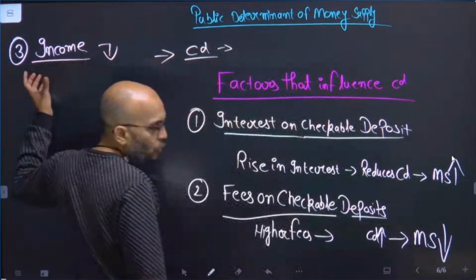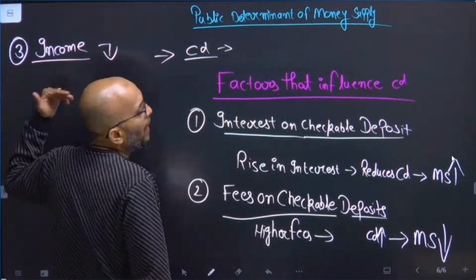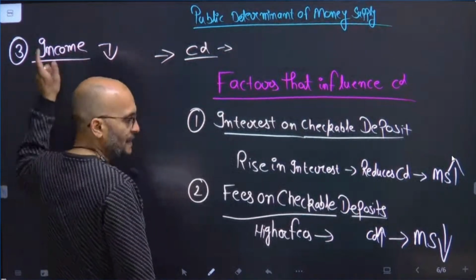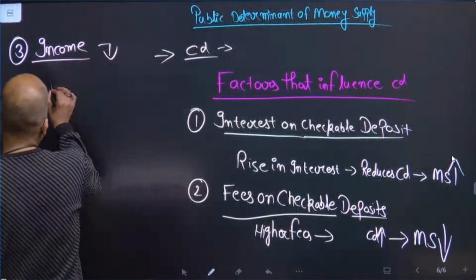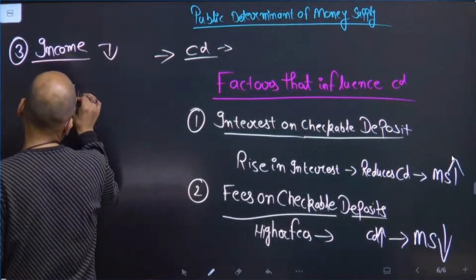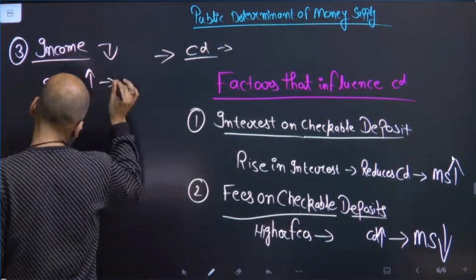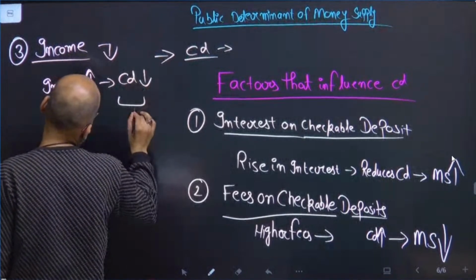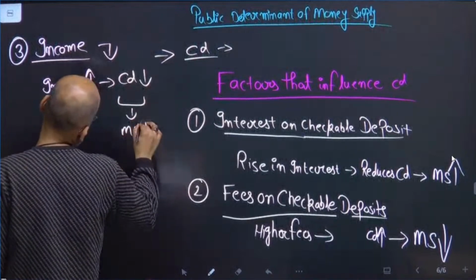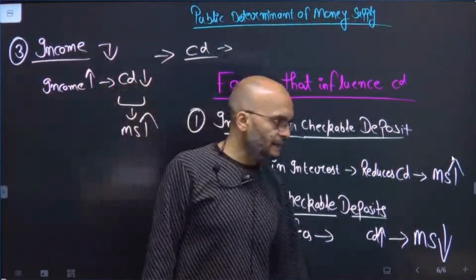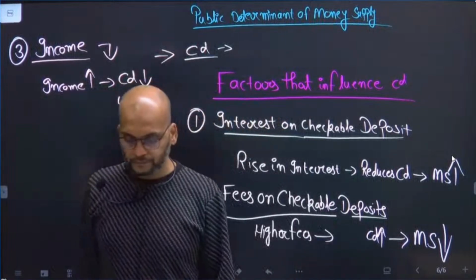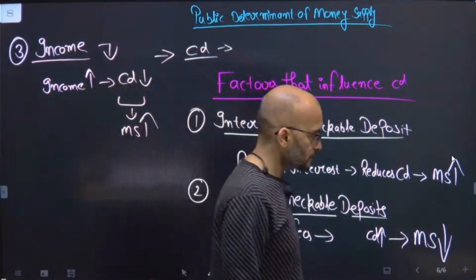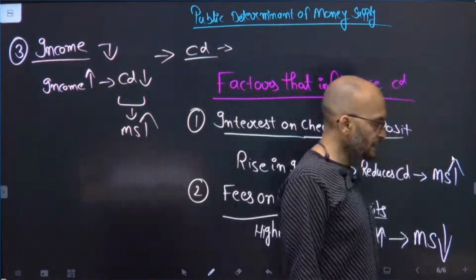We don't know the reason for certain, but we know on the basis of data that as income increases, people keep less money with themselves, so CD decreases. That means MS increases. Clear? Right?